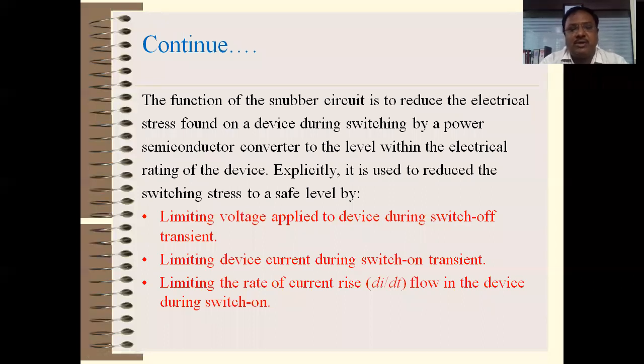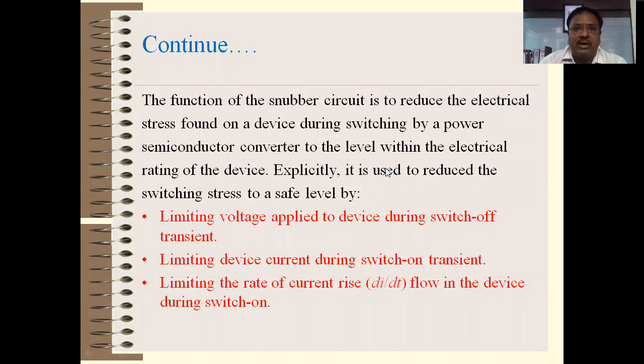These snubber circuits limit the voltage applied to the device during switch off transients, limit device current during switch on transients, and limit the rate of current rise, that is di by dt, in the device during switch on. Yesterday I discussed with you that, even with the old lamp that we use at home, many times it may get damaged when we turn the lamp on or off, right?